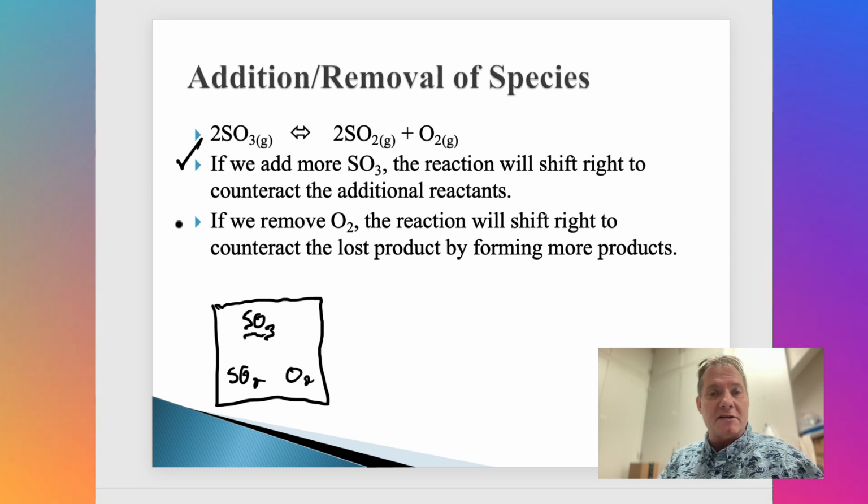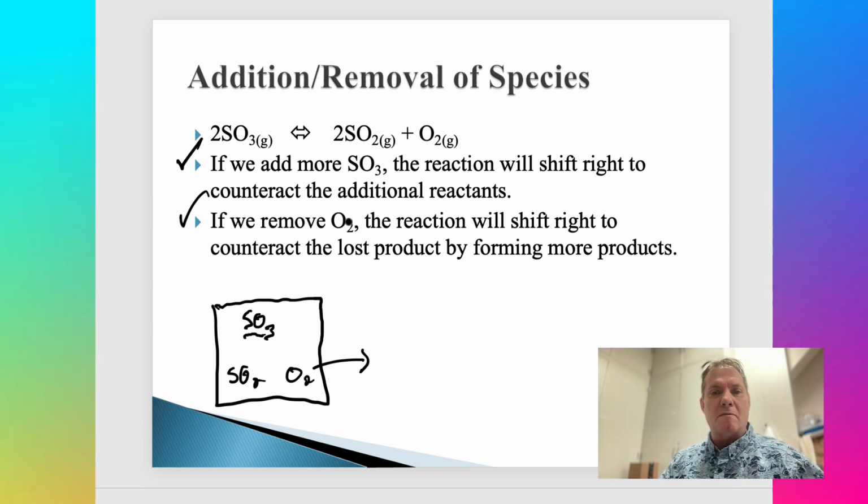If we were to remove a species, for example, removing the oxygen, if I were to take oxygen out of the system, it's going to no longer be in equilibrium. It will have to make up for the oxygen we removed by shifting towards that side. So in this particular case, adding more sulfur trioxide would shift the system towards the right to increase the amount of sulfur dioxide and oxygen present.